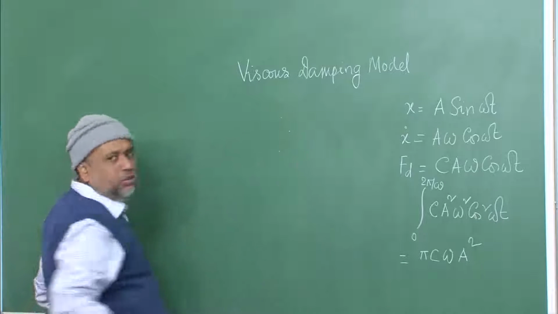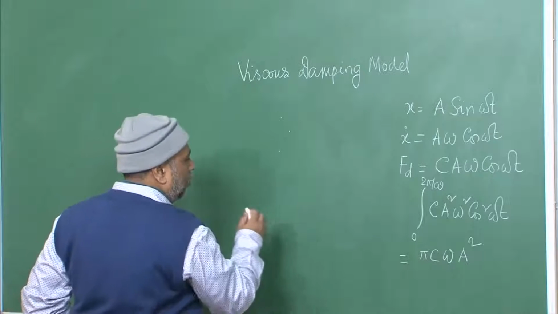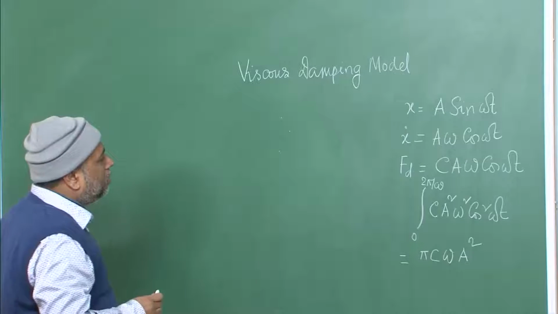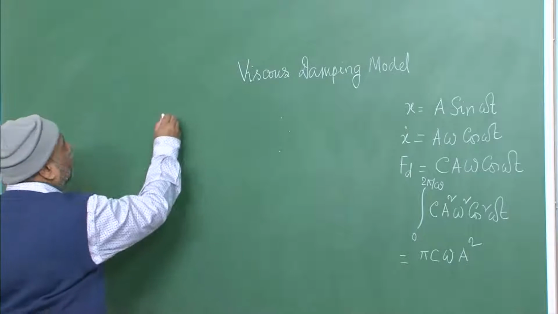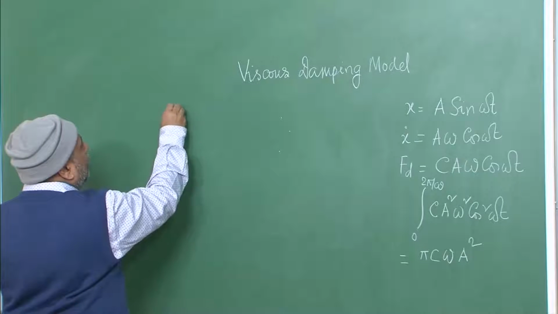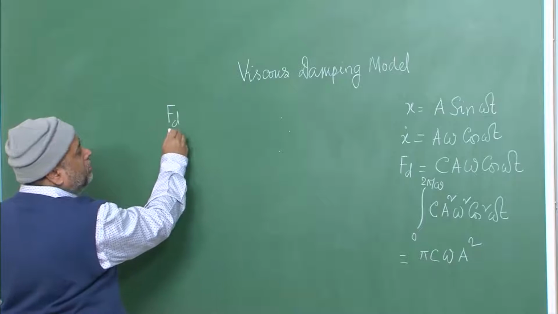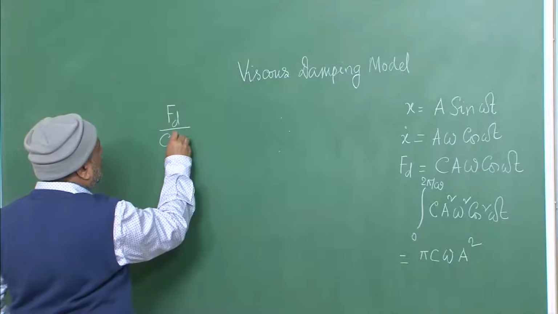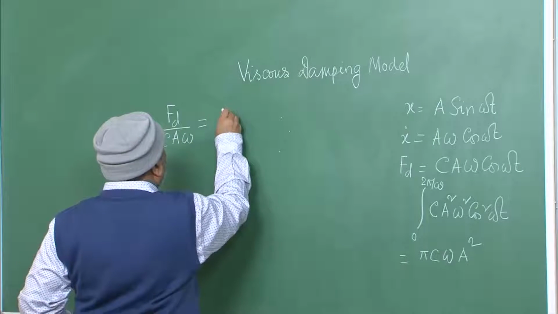So, we have to consider how the force versus deflection relationship will come into picture. We already know that F d over c a omega equals cos omega t.